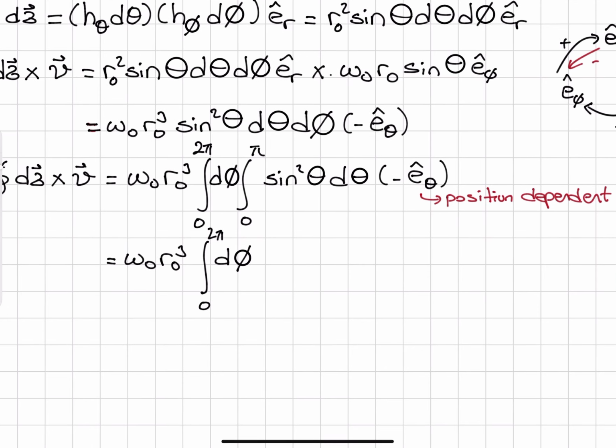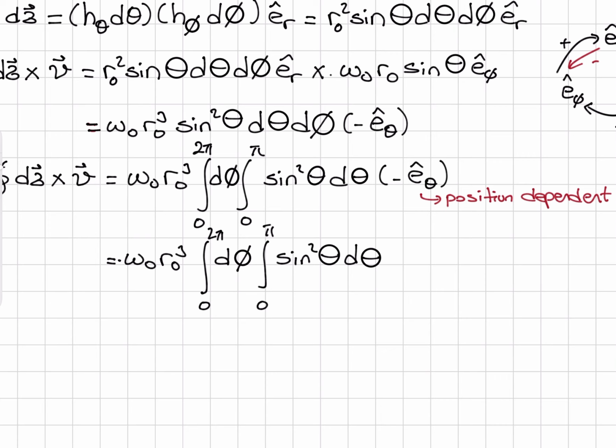So this will give me integral 0 to pi sine square theta d theta, and then I have to substitute minus e theta hat.